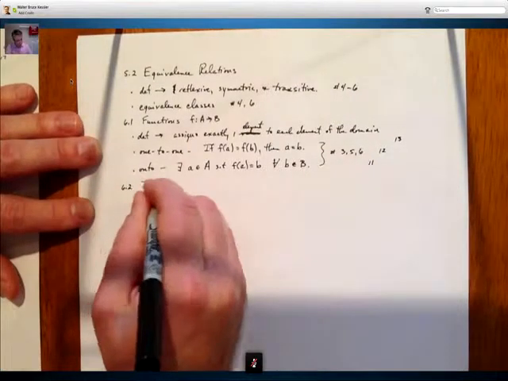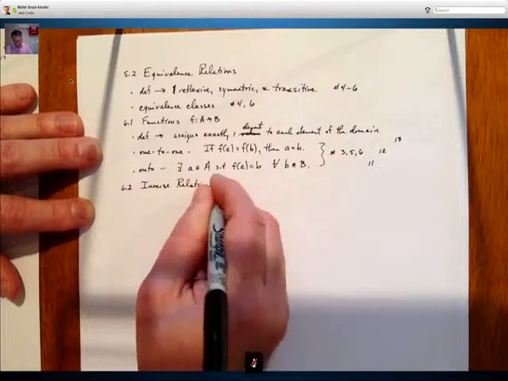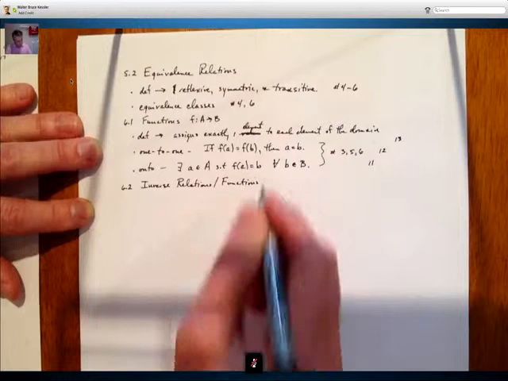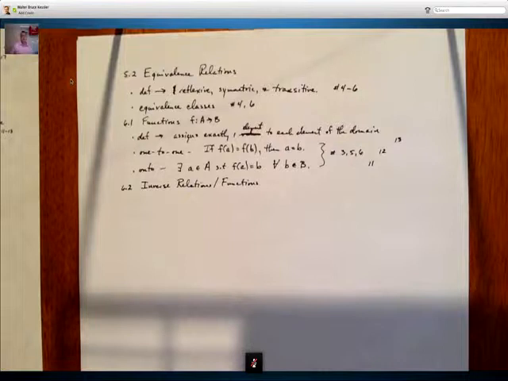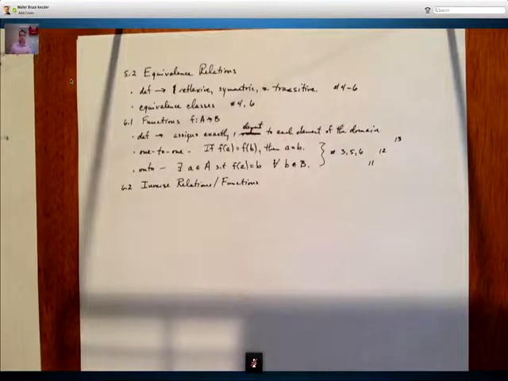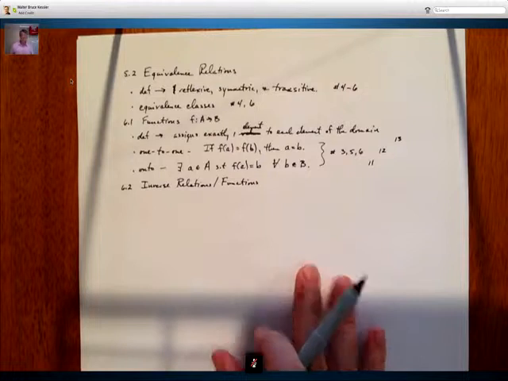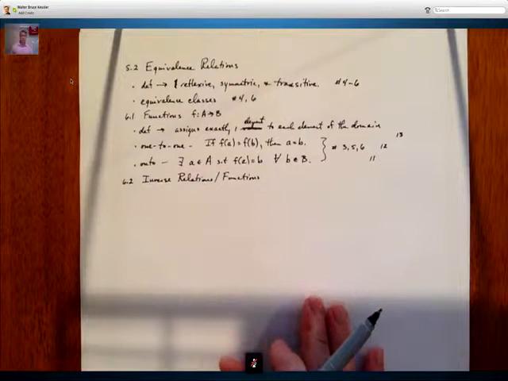And then 6.2, we talked about inverse relations and inverse functions. Okay, and I think this is an important distinction. Always in algebra, if we used the notation f inverse, we meant that the inverse was a function. That's not the case here, right?